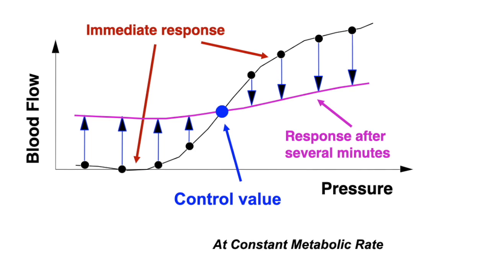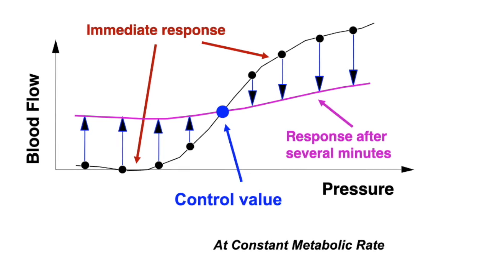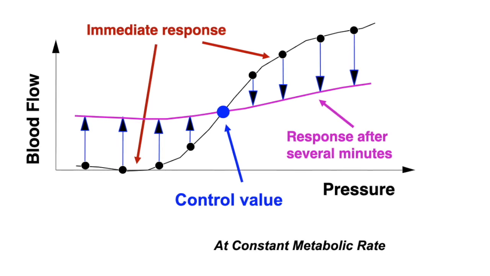So this pressure would increase, there'd be an immediate response, and then there'd be another delayed response that would bring the flow back to what it was under the previous conditions. And that's autoregulation. So it's local, and it's maintaining a needed level of blood flow.